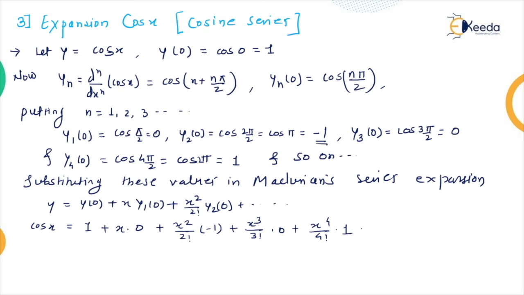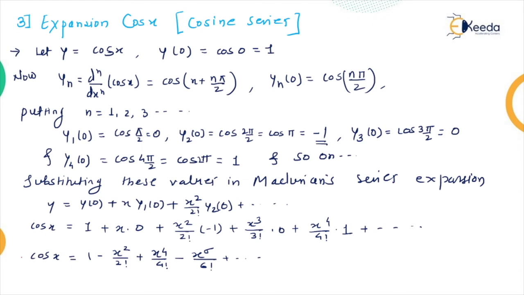So clearly cos x is equal to 1 plus x into 0, the term is 0, minus x square divided by 2 factorial, plus x raised to 4 upon 4 factorial, minus x raised to 6 upon 6 factorial, plus, and so on.